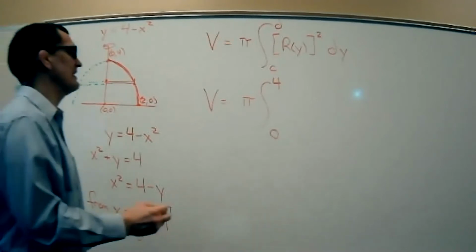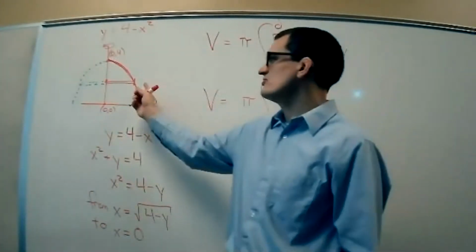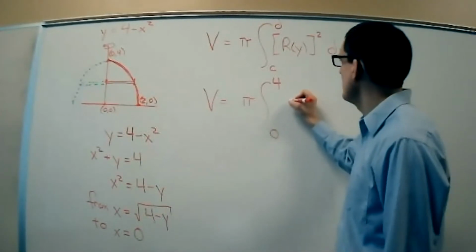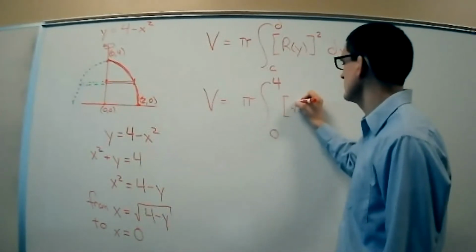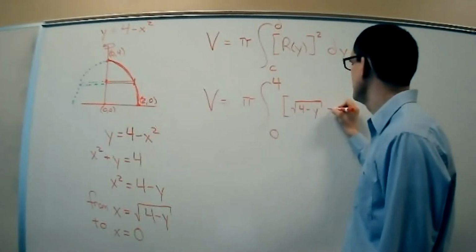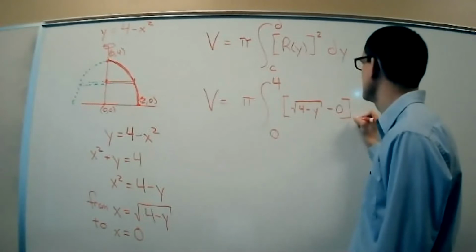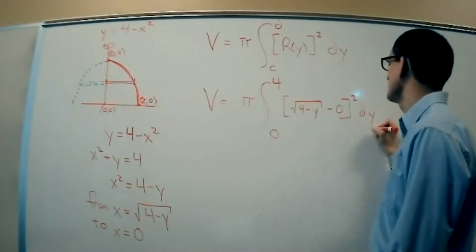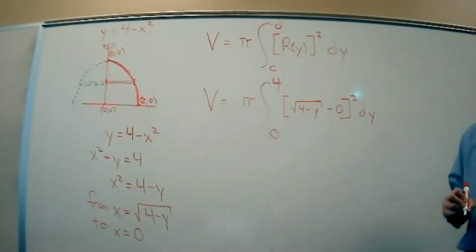That means the radius, which is just the length of the rectangle itself, is the square root of 4 minus y down to 0. And then we're going to square that radius and integrate with respect to y.